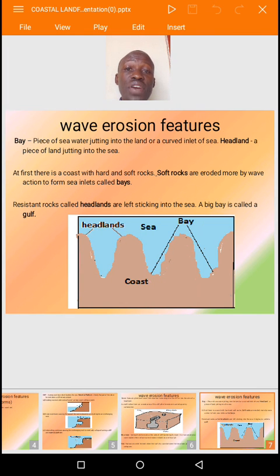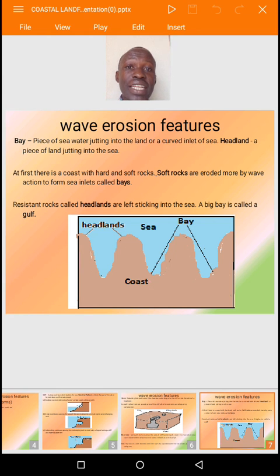Continuing with the wave erosion features. A bay is a piece of seawater jetting into the land, or a carved inland of sea. Then a headland is a piece of land jetting into the sea. A bay is a piece of water getting into the landscape, and a headland is a piece of land getting into the sea, as we see in another illustration there.